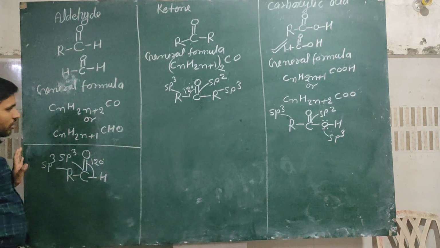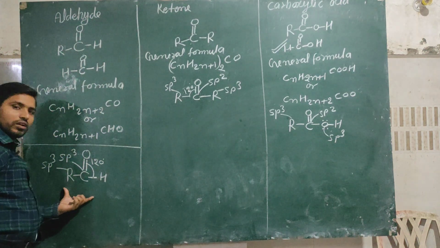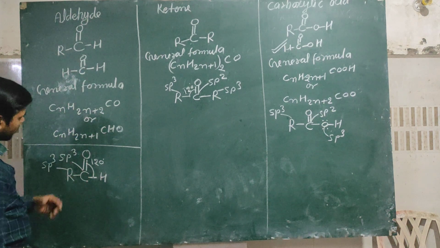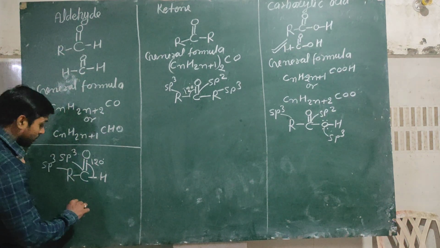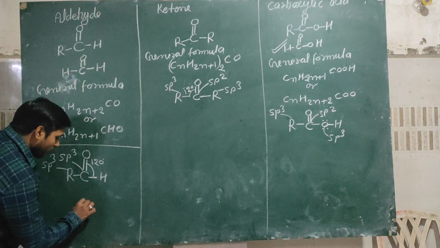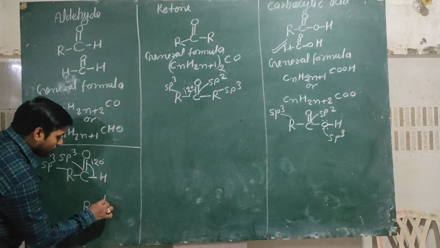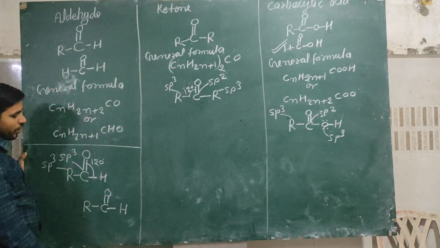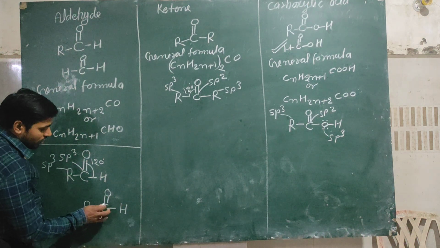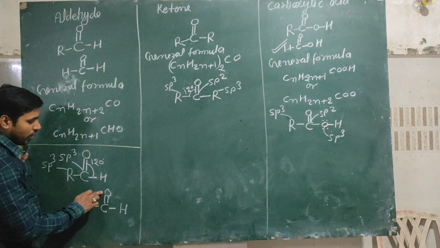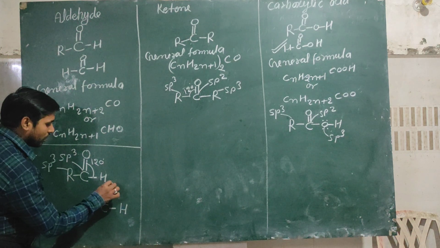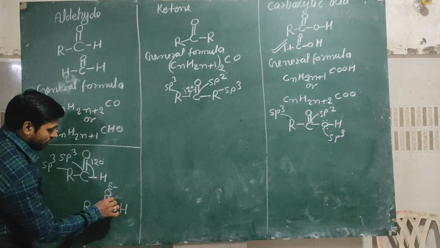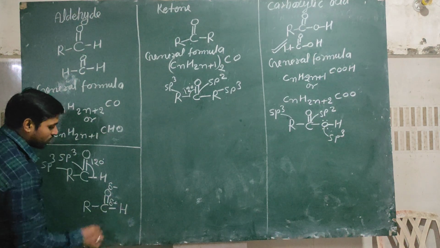Okay, except this you can also understand the special structure of aldehyde, ketone and carboxylic acid, that is when carbonyl group is present in between alkyl group and hydrogen, then in this situation the electronegativity of oxygen is greater than carbon. As a result of this, oxygen contains partial negative and carbon contains partial positive charge.